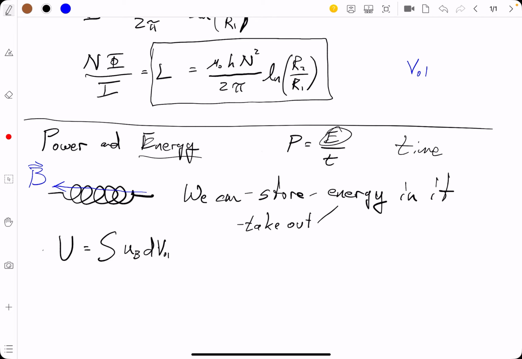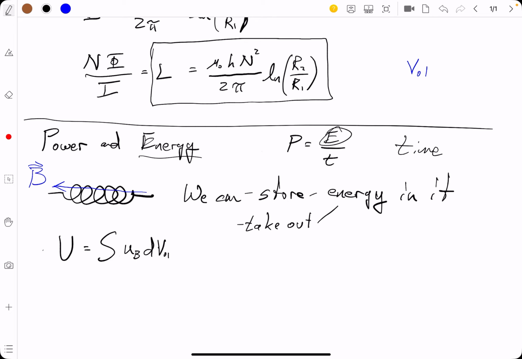That's a better way to put it. All right. So we're going to integrate this thing over the volume. Now, it's not all volume of space. It's just the associated volume, right? So you can't do all of space. We're just going to do the inside of our coils. And we'll get the total energy.